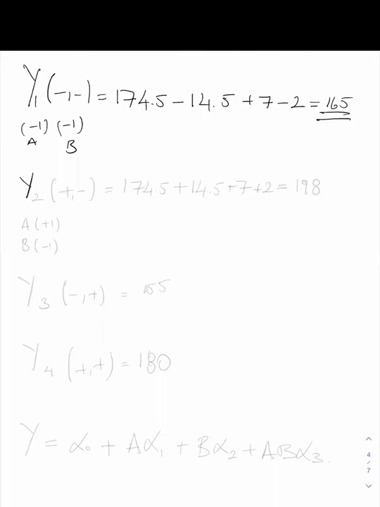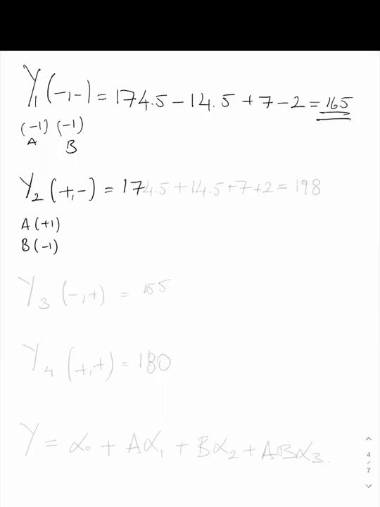If I do the same thing for plus minus corner, so that means that my A was plus 1 and my B was minus 1.